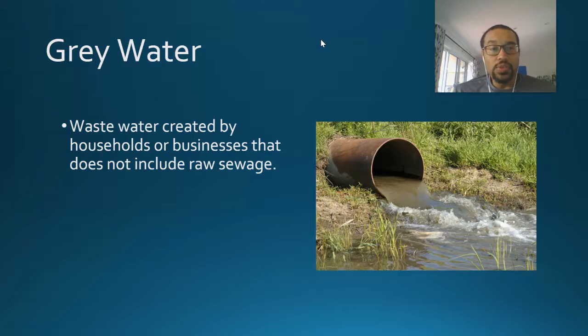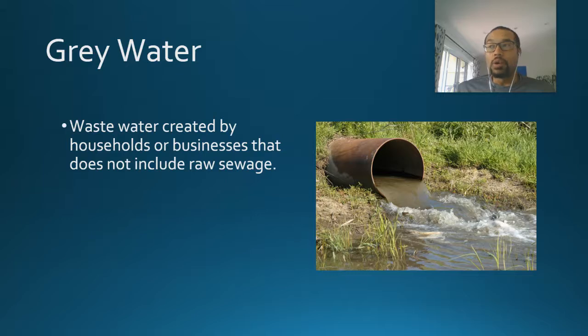Gray water. Gray water is everything that leaves your house, or could be a business, excluding stuff that leaves from your toilet. So this is water from the sinks in your house when you're washing your hands for the 30 times a day that you're still washing your hands.